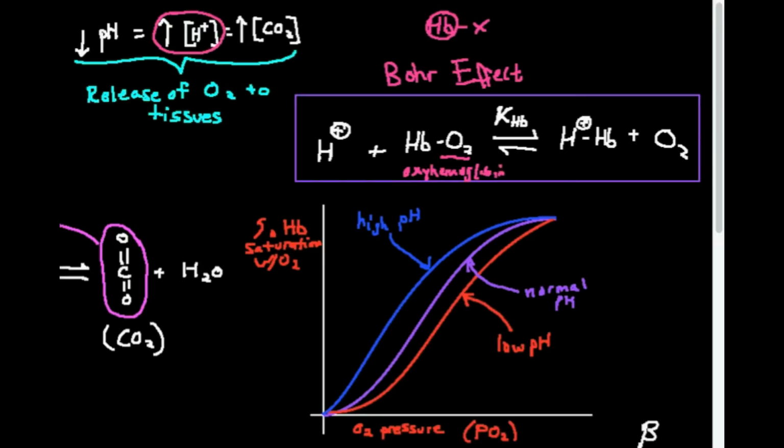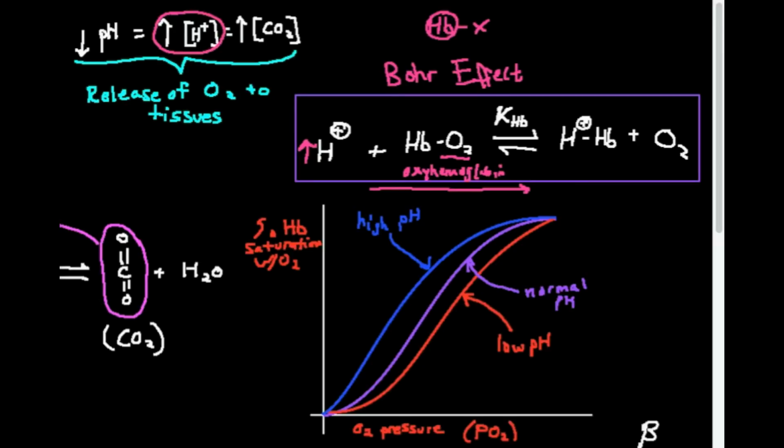So the idea is if I have high hydrogen ion concentration, I'm simply going to ultimately get Le Chatelier's principle. This video is going to be largely about Le Chatelier's principle from general chemistry. If I add a lot of hydrogen ions, I'm adding a reactant for this equation, and I'm essentially going to shift this to the right.